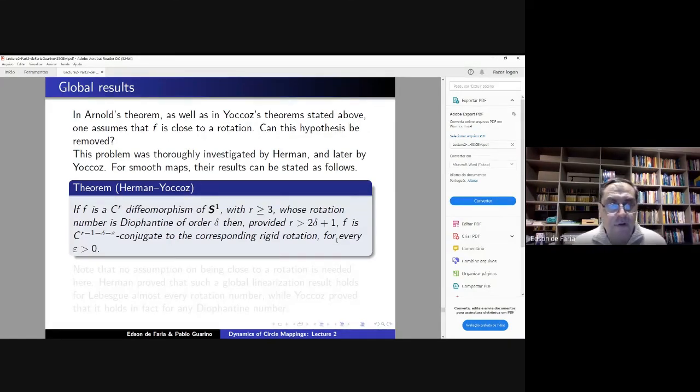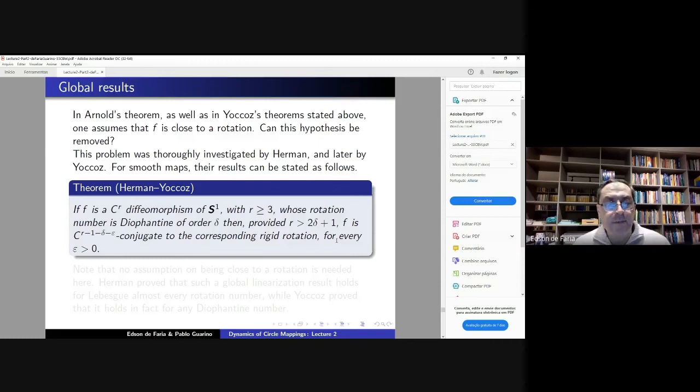So if you have a C^r diffeomorphism whose rotation number is Diophantine of order delta, then it will be smoothly conjugate to the corresponding rigid rotation, where smoothly means the following. As long as you take r greater than 2 delta plus 1, F will be C^(r minus 1 minus delta minus epsilon) conjugate to the corresponding rotation for every epsilon, okay?